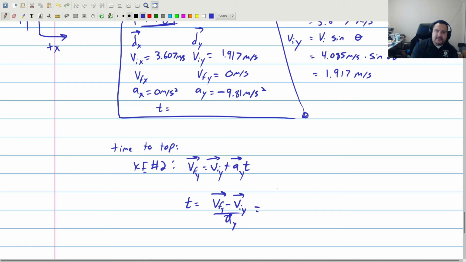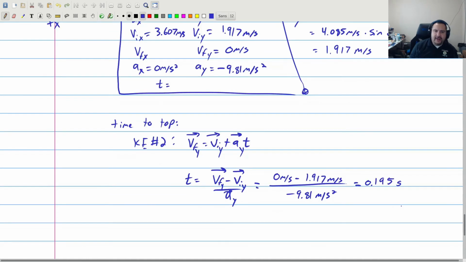All right, this is equal to v final y, 0 meters per second, minus v initial y, 1.917 meters per second, all divided by acceleration y, negative 9.81 meters per second squared. When I do this, I get 0.195 seconds. So it's rising for 0.195 seconds.